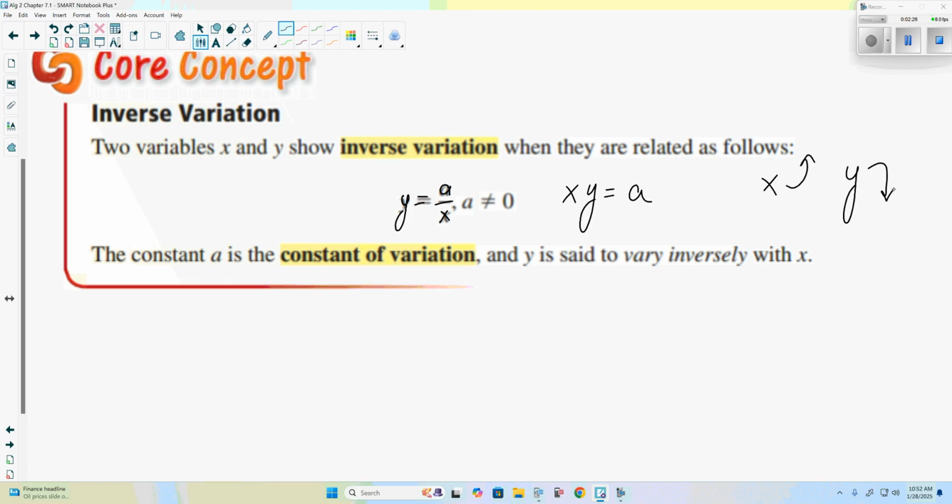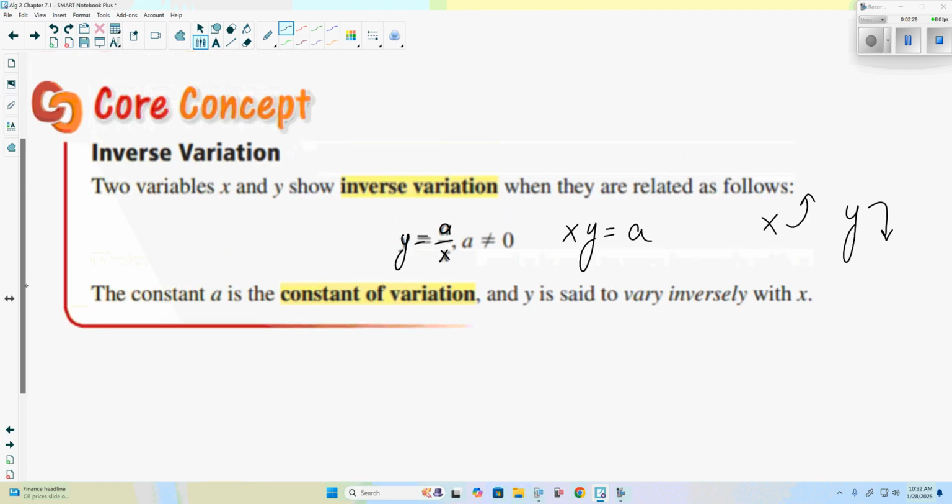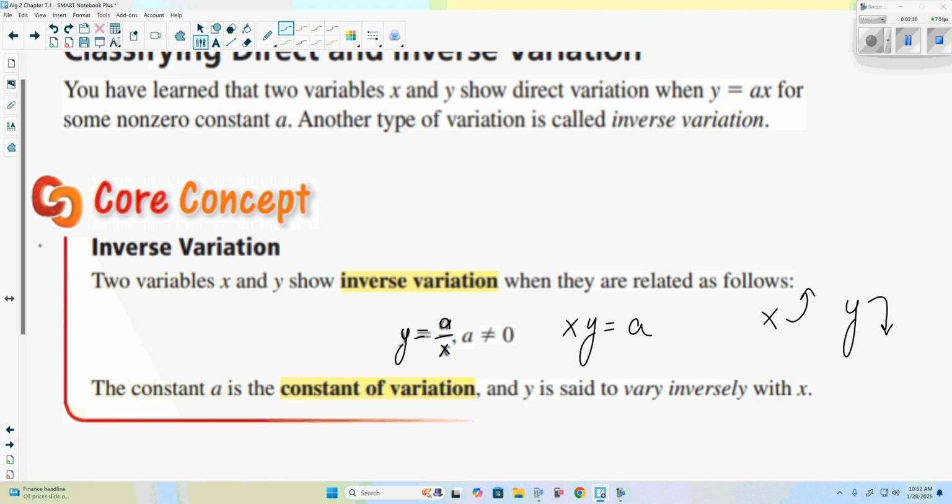Now the other one we have is direct variation. Direct variation comes in the form of y equals a times x. Or we can say that we can divide both sides by x, get a by itself. Y over x is equal to a.